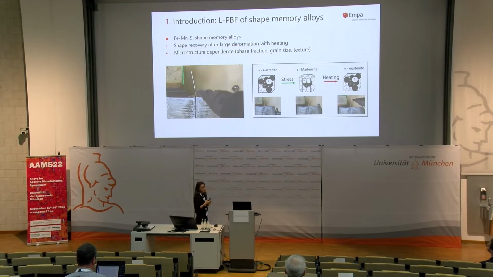Martensite is not stable at high temperature. So if we heat the material above a specific temperature, the so-called austenite finish temperature, the martensite transforms back to austenite. With this back transformation, our system goes back to the original configuration and we have the shape recovery. This is what is defined as the shape memory effect.